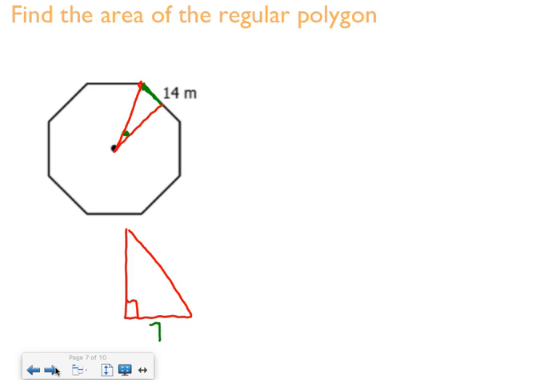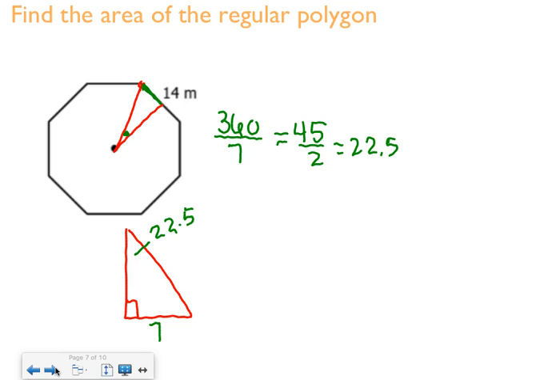So how about everyone just take this moment and see if they can figure it out before I give it away? Everyone get 22.5? Okay.